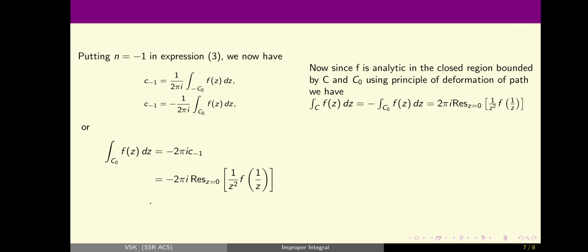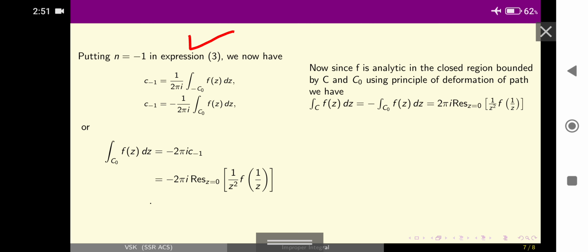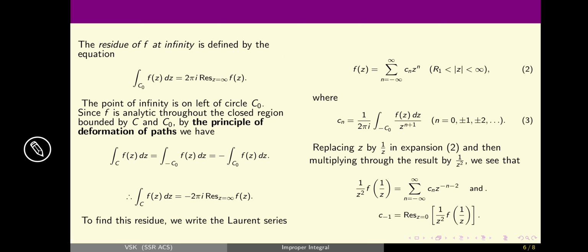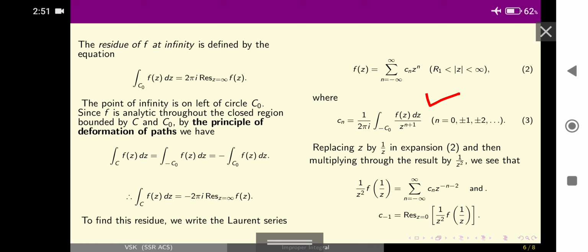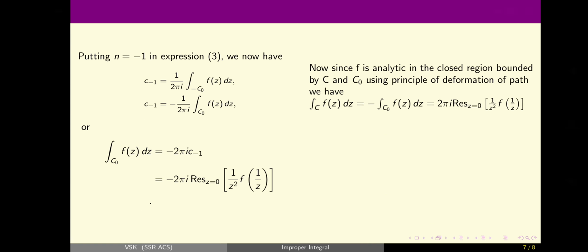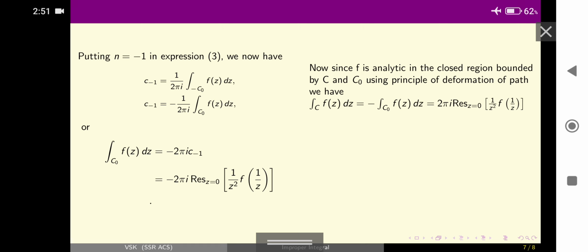Now putting n equal to minus 1 in expression number 3, we get C minus 1 is 1 upon 2 pi i times the integration of f(z) dz over minus C0. And this gives C minus 1 is minus 1 upon 2 pi i times the integration over C0 of f(z) dz.